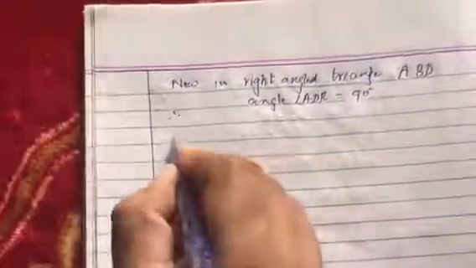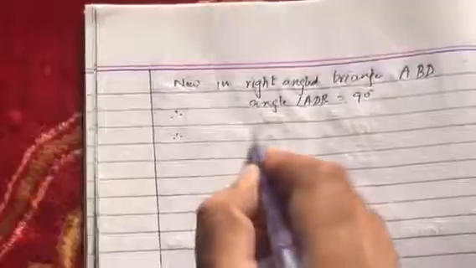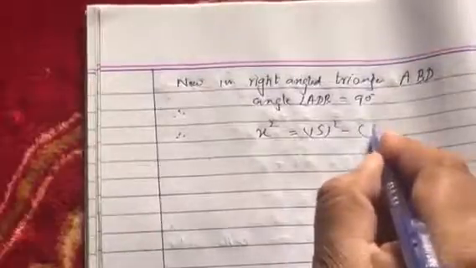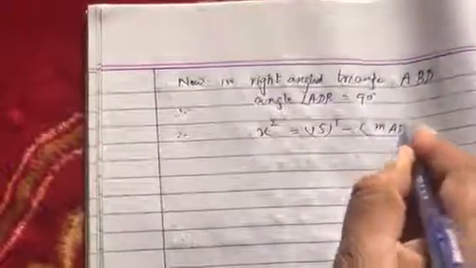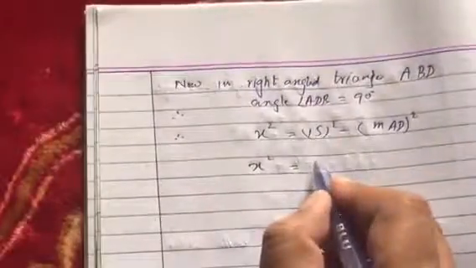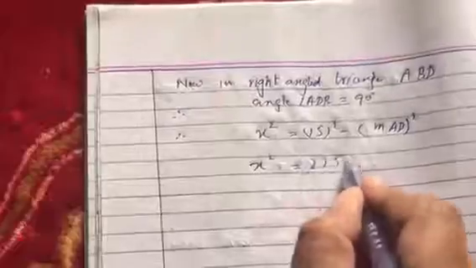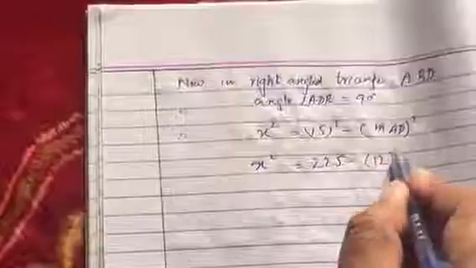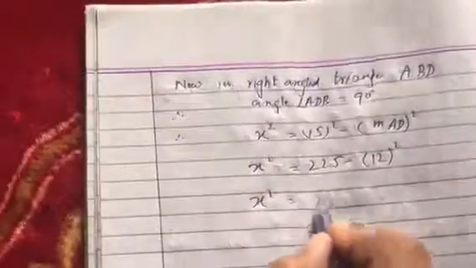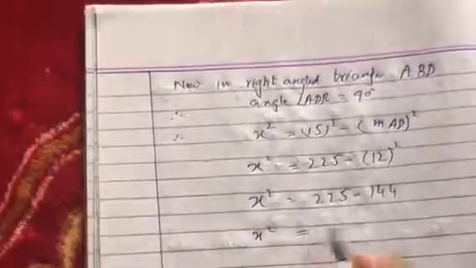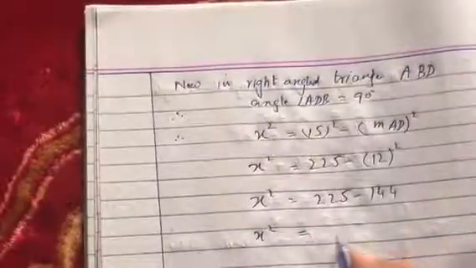So by using Pythagoras theorem, we will have base square is equal to hypotenuse square minus altitude square. So x square is equal to, by taking the square of 15, which is 225, and by putting the value of AD, which is 12, by taking the square, so 225 minus 144, we will have 81.